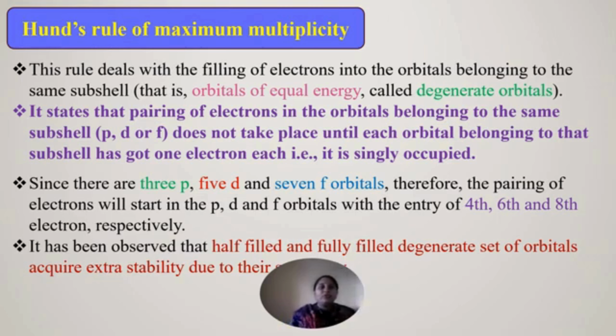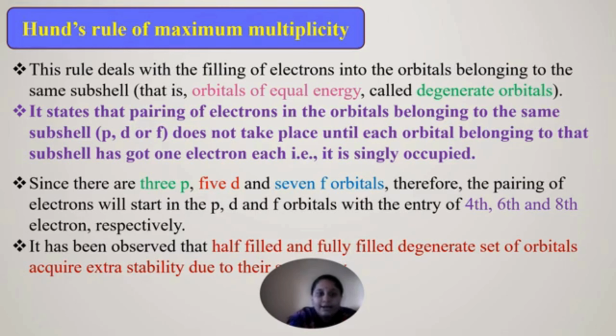Hund's rule of maximum multiplicity. This rule deals with the filling of orbitals belonging to the same subshell, that is, orbitals of equal energy, which are called degenerate orbitals.